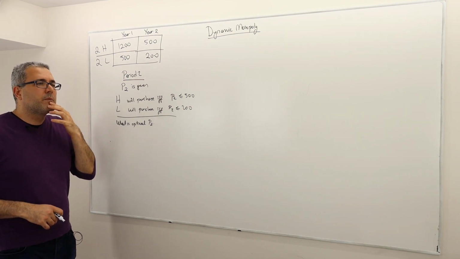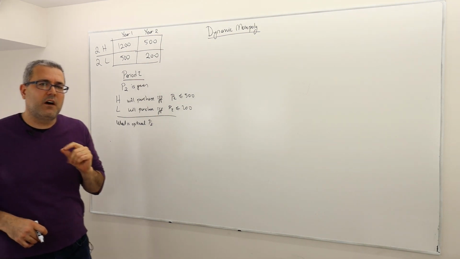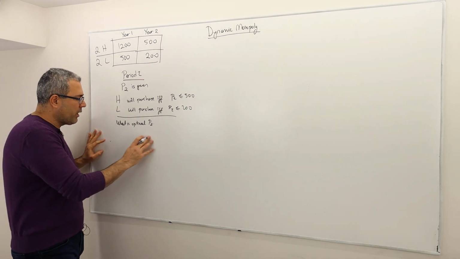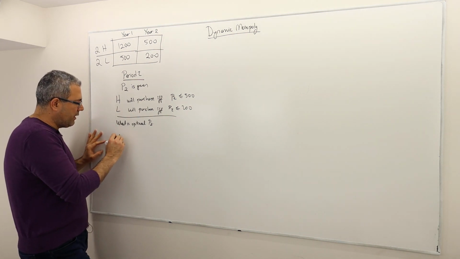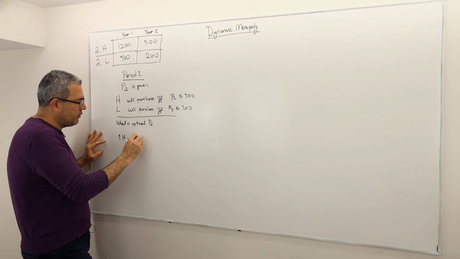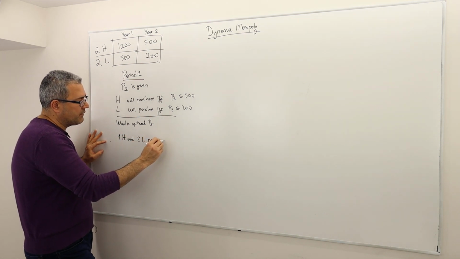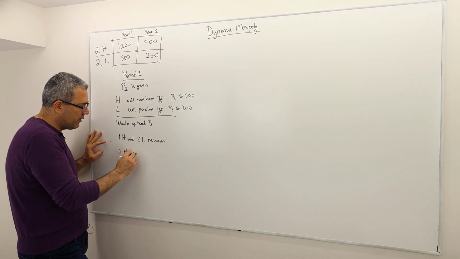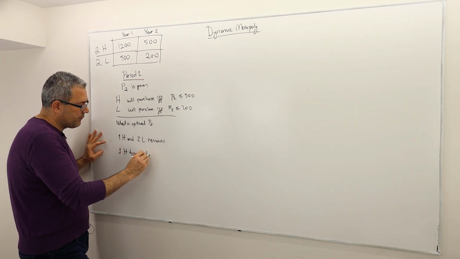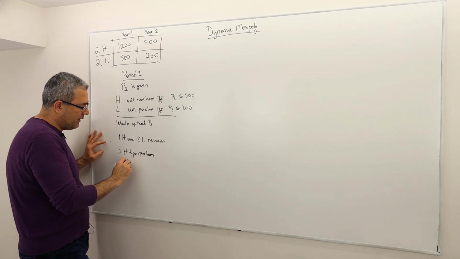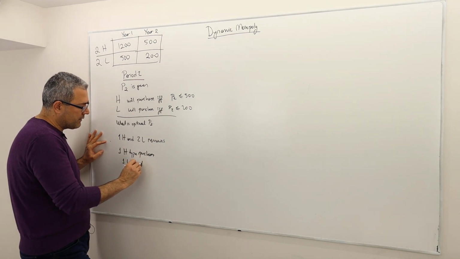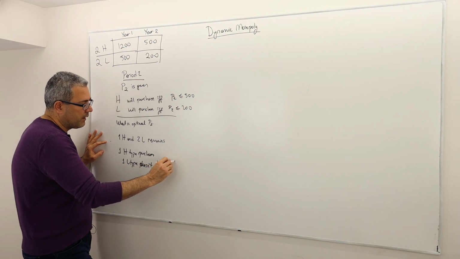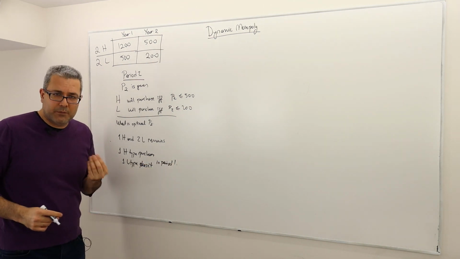But one thing I would like to say: can I have, for example, a subgame where 1H and 2L remain, which means one H type purchases and one does not in period 1? This is a legitimate subgame.